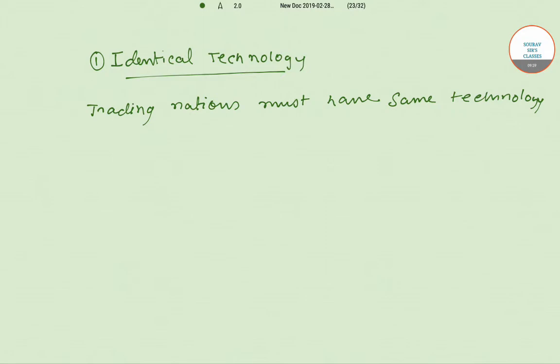The reason is that as technology improves over time, the productivity of both labor and land increases, since each factor is paid on the basis of its marginal product.